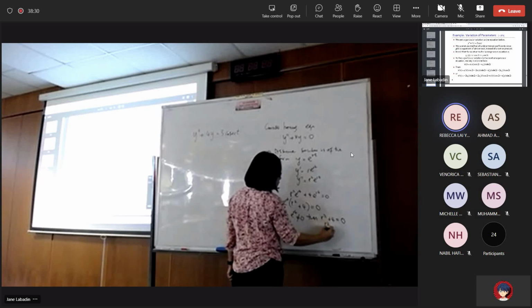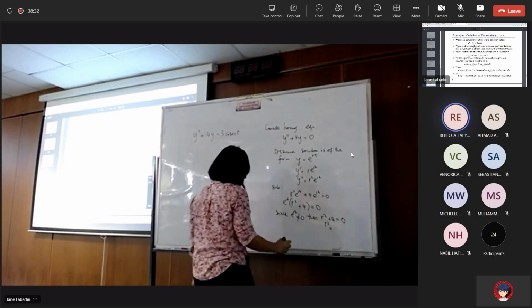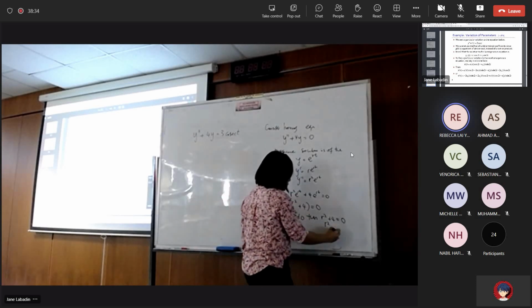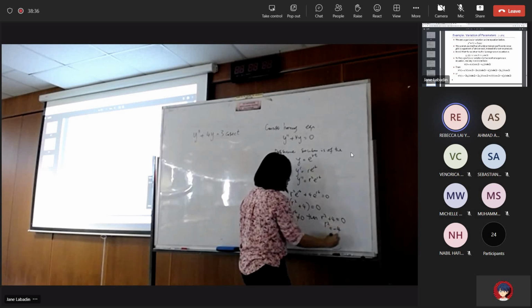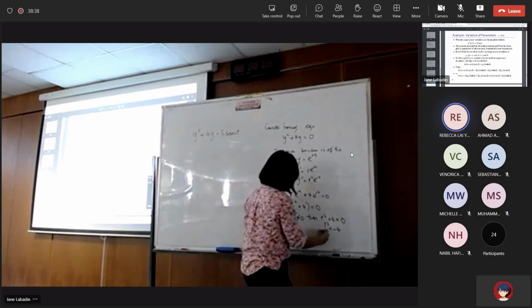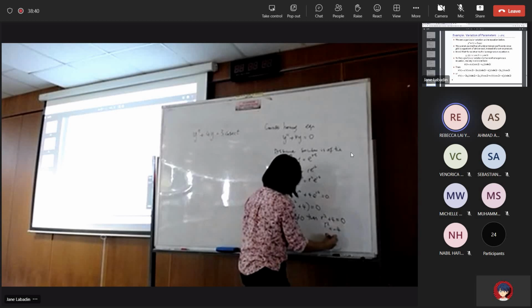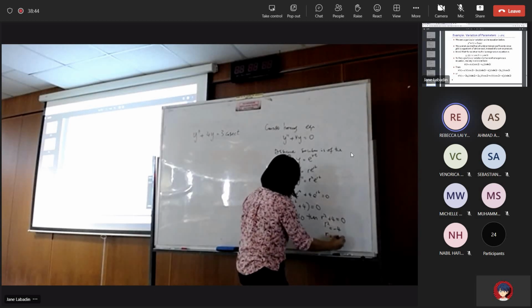So r squared is equal to minus 4, right? That means r is equal to plus or minus 2i.